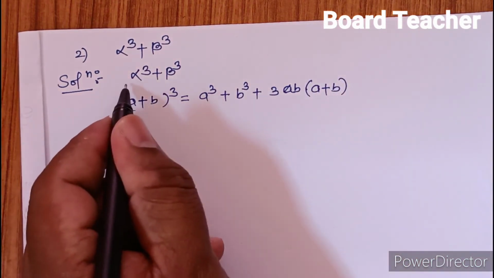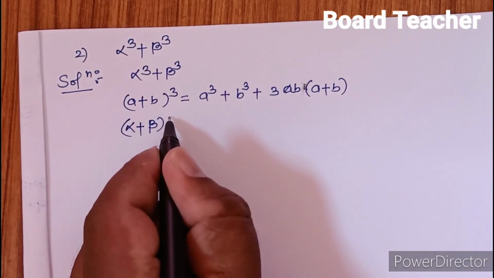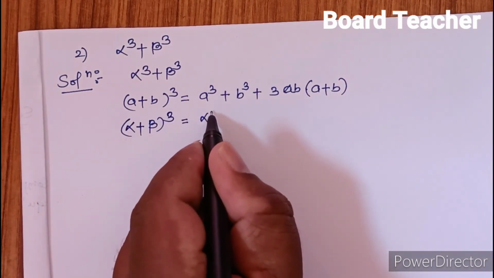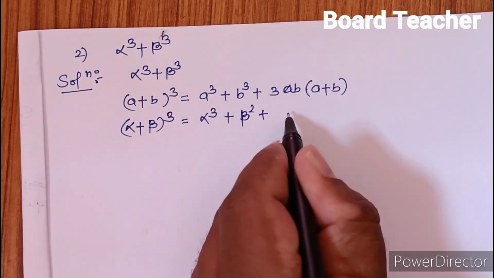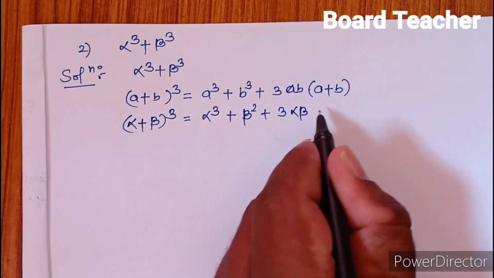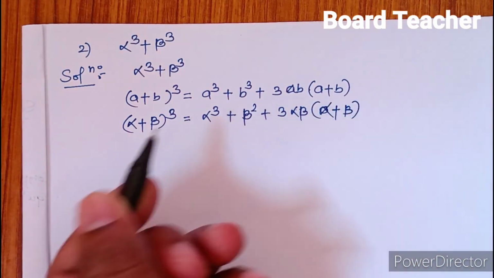Now by putting the value here, alpha plus beta whole cube will be equals to alpha cube plus beta cube plus 3 alpha beta into alpha plus beta.